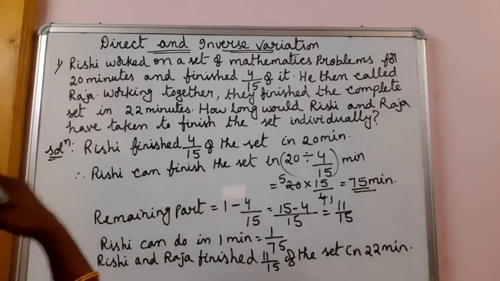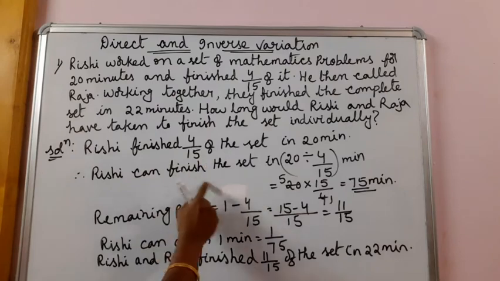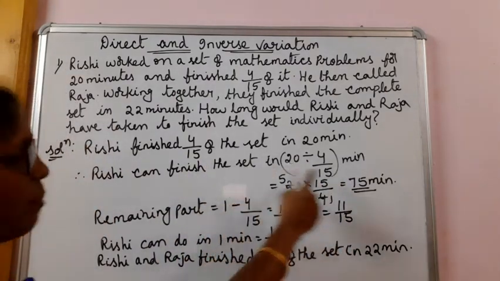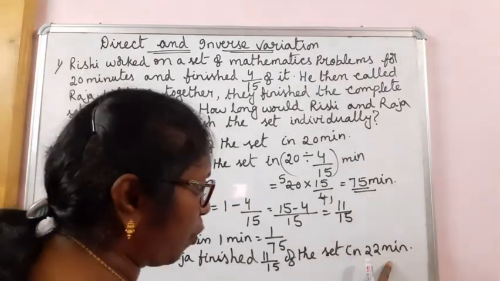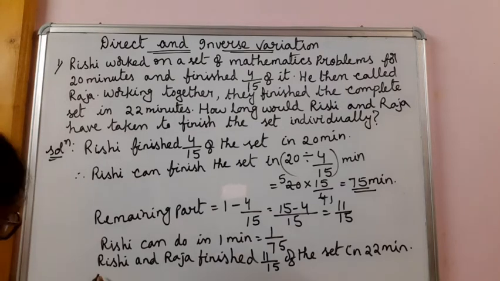How have we found this here? Rishi finished 4 by 15 in 20 minutes, so in the same way Rishi can finish the complete set in 75 minutes. Same way, both of them finish 11 by 15 of the set in 22 minutes. If both of them would have worked on the complete set from the beginning, how much time would it have taken for them? Let us find out.